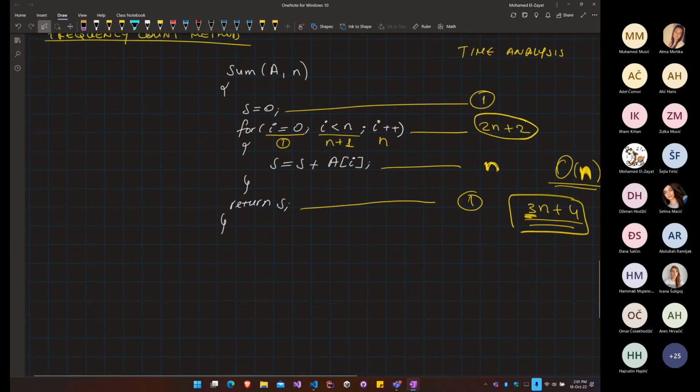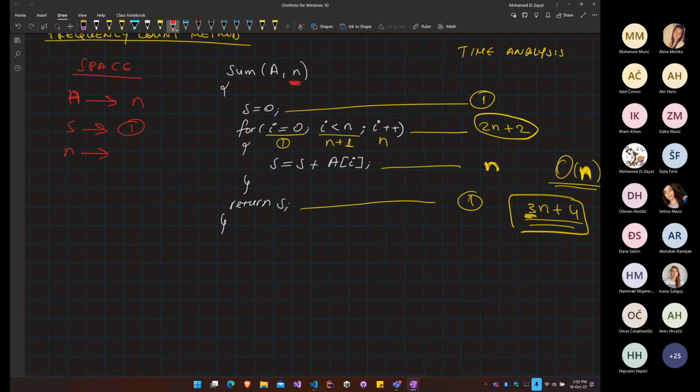I know that I exceeded my time here, but let's really quickly do the space. Can somebody tell me about the space? This one is much easier now. How big is A? N words. Exactly, so n. How big is s? 1 word. How big is n?